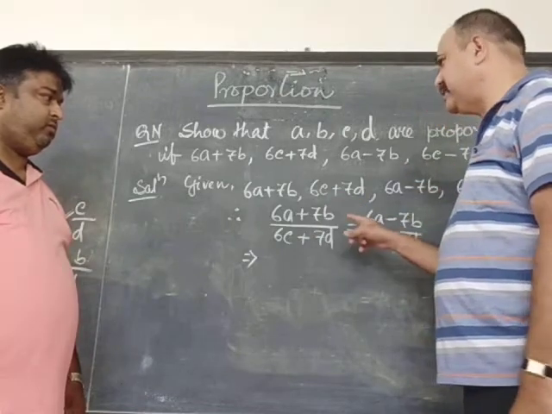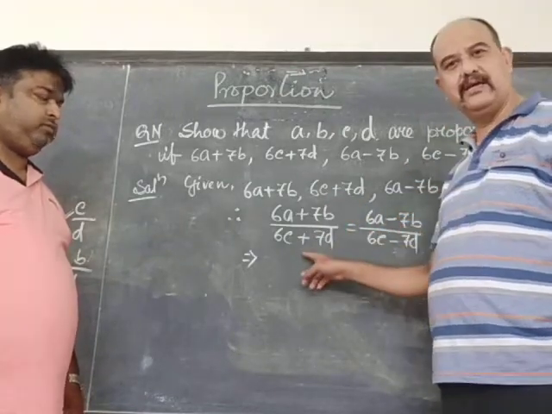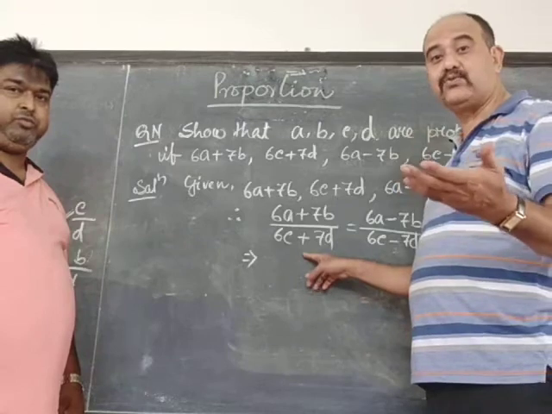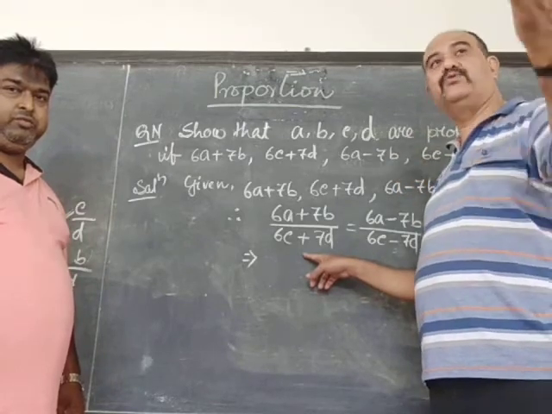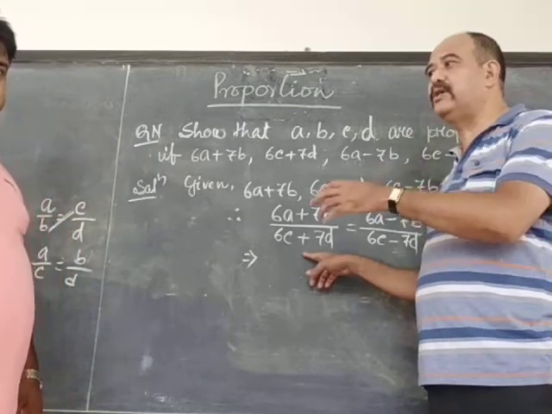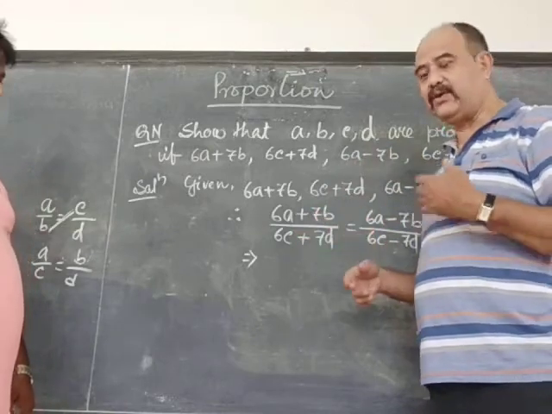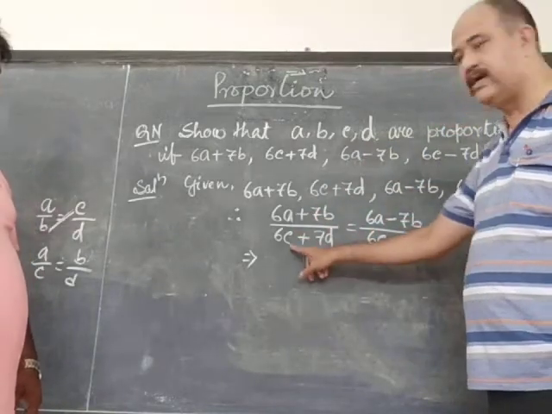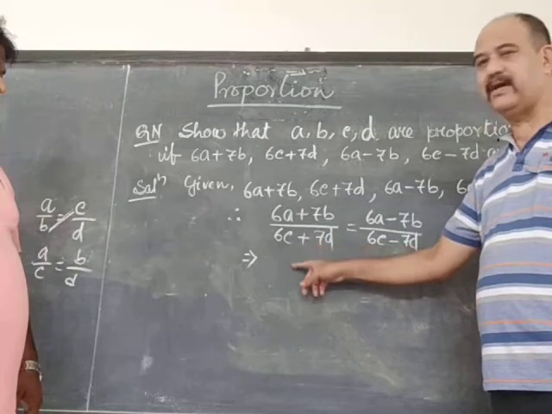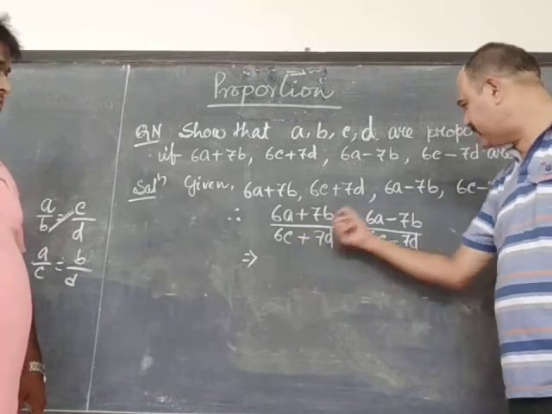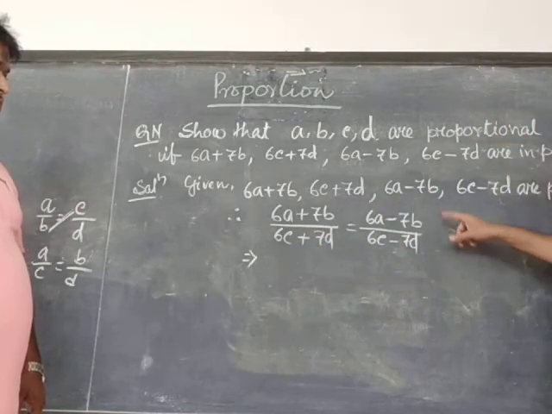That is why Sir is bringing 6a minus 7b here, so the variable matches, and 6c plus 7b will go there and the variable will match.